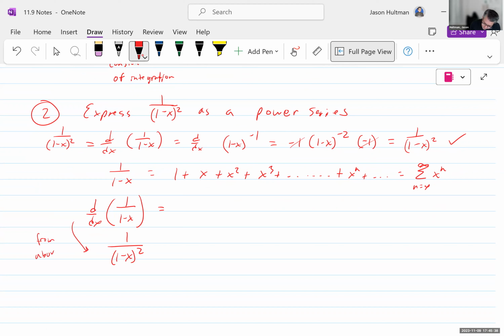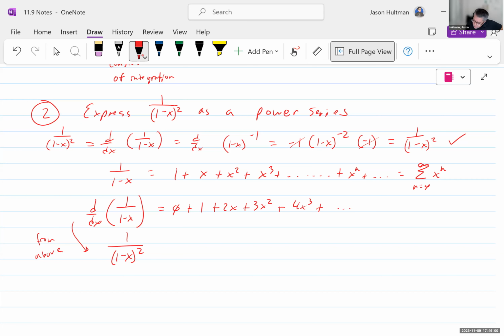But we're just going to take the derivative of each term here. This is 0. This is 1 plus 2x plus 3x squared plus 4x cubed plus dot dot dot.